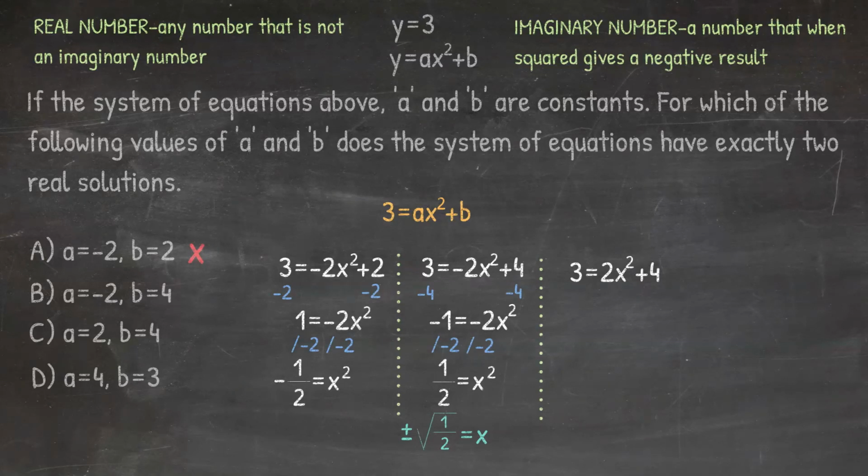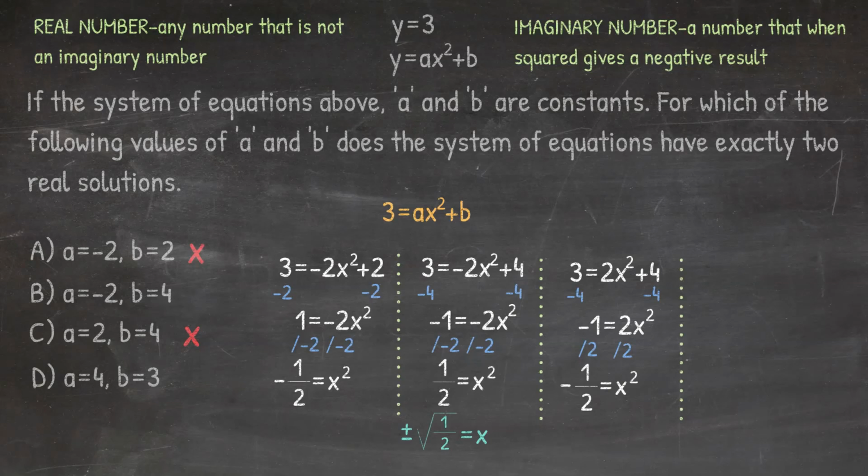Again, we isolate x squared. We get 2x squared equals -1, and x squared equals -1/2. Just like answer choice A, having the outcome of squaring x being a negative number means that x is an imaginary number and does not satisfy our requirements.